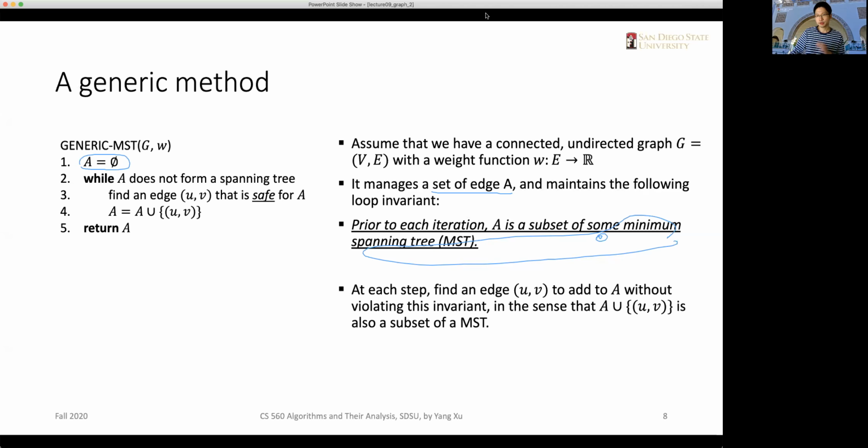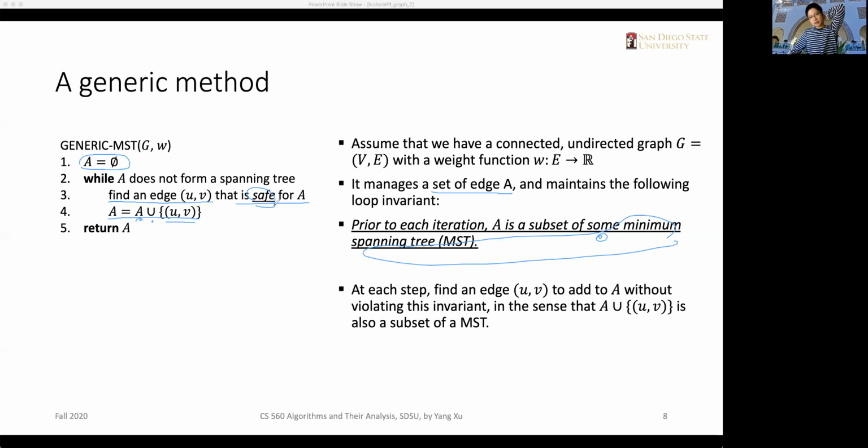In each iteration of the loop, we will first find an edge, and that edge should be safe for A. Then we will add that edge from U to V to A using this union operation, which is a set operation.